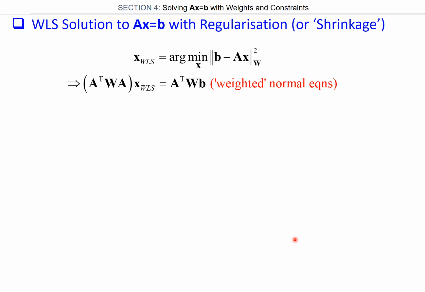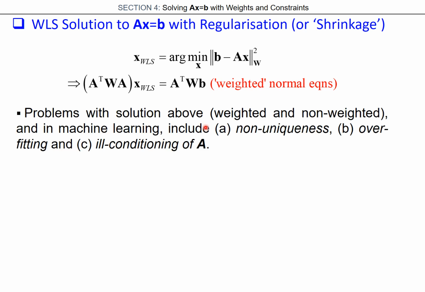Now let's have a look at least squares with regularization, or what's called shrinkage. We have problems with the above solution, weighted and non-weighted. This occurs in particular in machine learning, and it includes non-uniqueness, overfitting, and ill-conditioning of A. Let's have a look at what we mean by that.